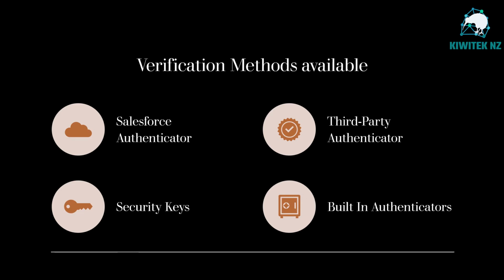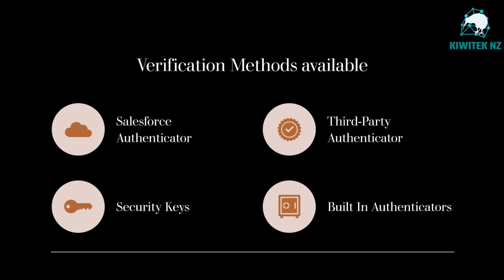Security keys are physical devices that use public key cryptography. USB or Lightning connector devices are available, and these are fast and easy to use. The issues with security keys is that the keys can be lost, left unattended, or kept plugged in all the time.